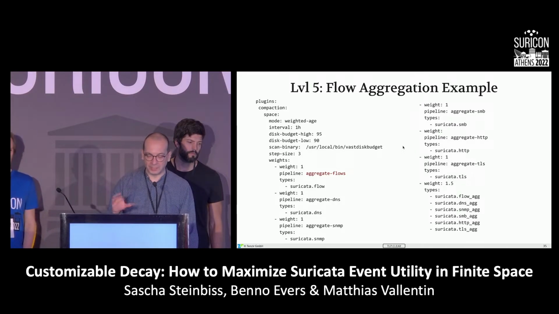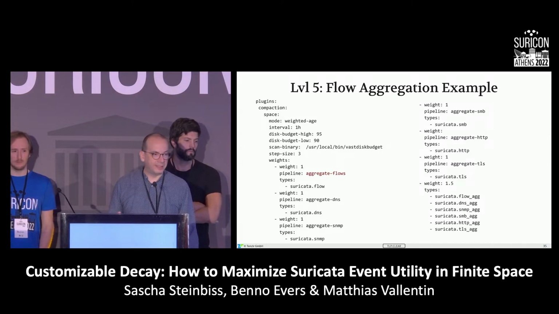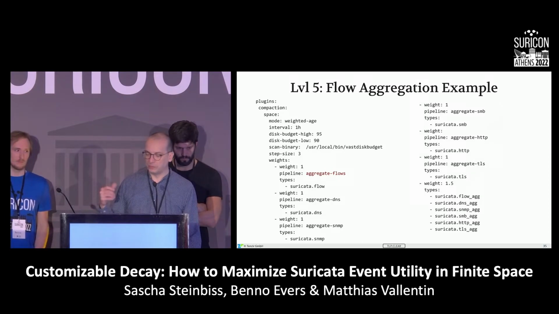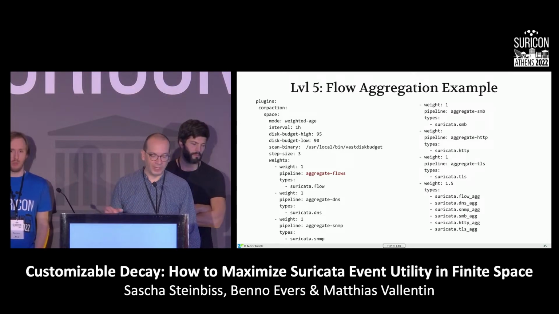I'll look at an example of that later on. And it assigns a weight. In this case, we use uniform weights, but it's absolutely possible, as we already presented, to pick different weights depending on the relative or perceived importance of the data that we want to store and aggregate.